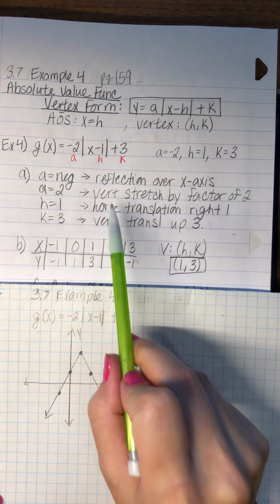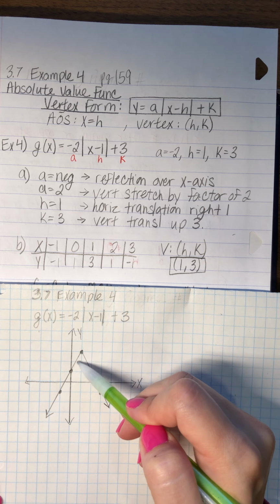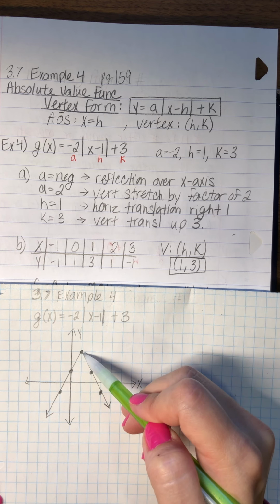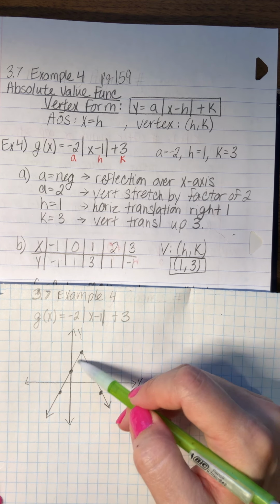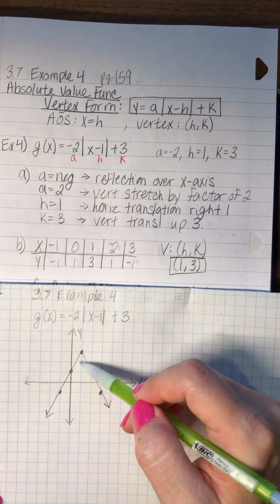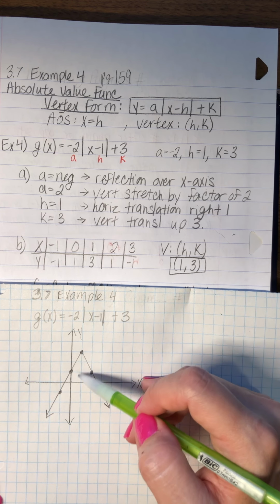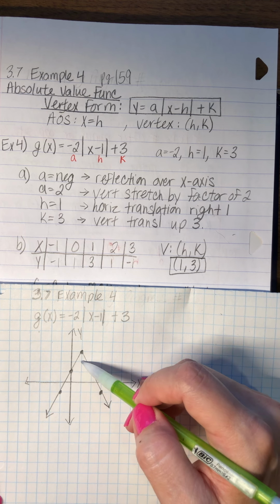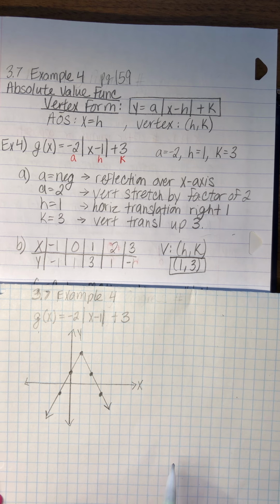Yeah, look at the slope of this side. This is a slope of up 2, right 1. Normally the V has a slope of 1, but this V has a slope of 2, and then this side is -2. So yeah, this is a vertical stretch. It's more narrow. Okay, look at where the vertex is. Our vertex is to the right 1 and up 3. That's what we said here, right 1, up 3, so it does match.